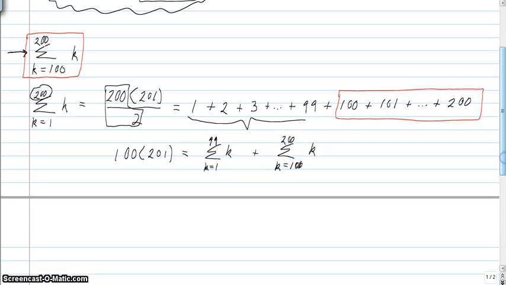It doesn't have to be k. So in other words, we're just going to solve for this sum.